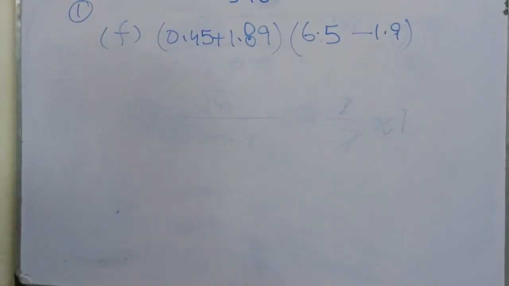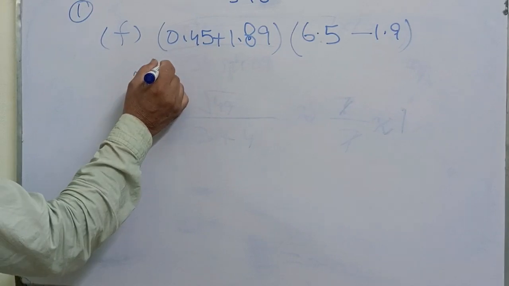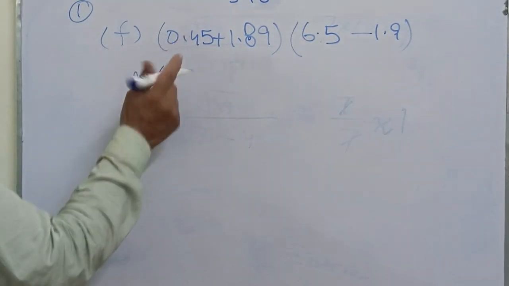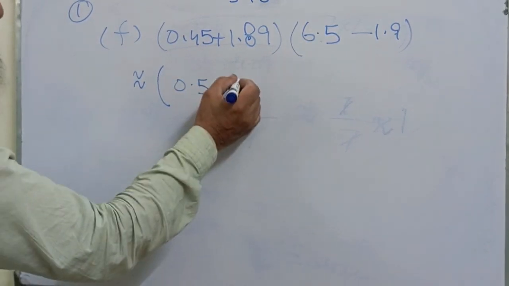Now we'll apply the estimation rule over here. So this will become 0.5 plus 2.